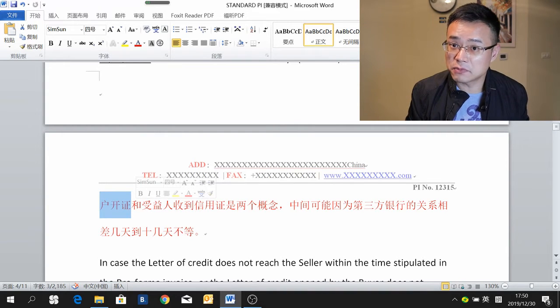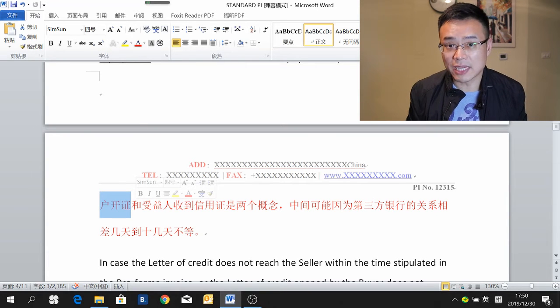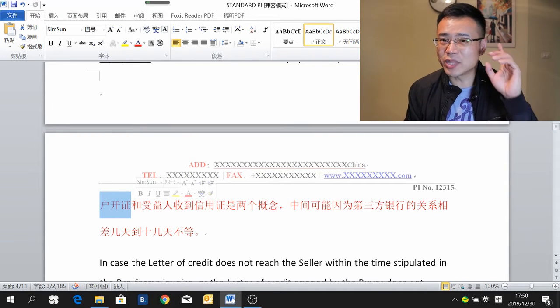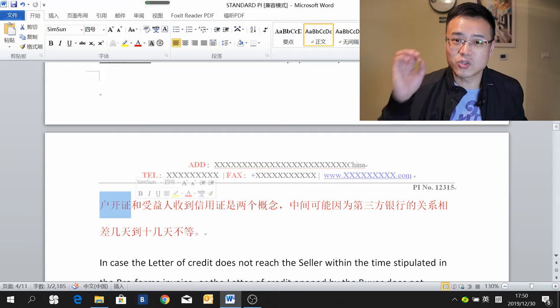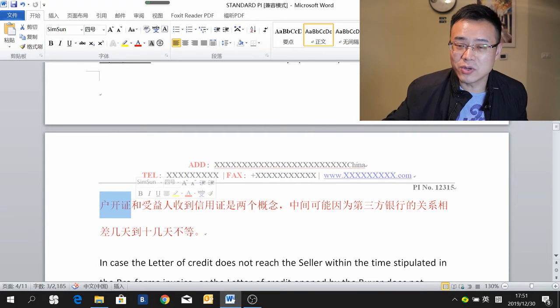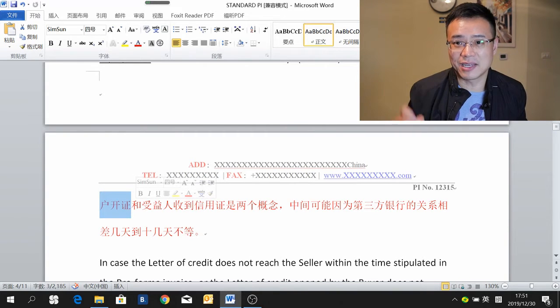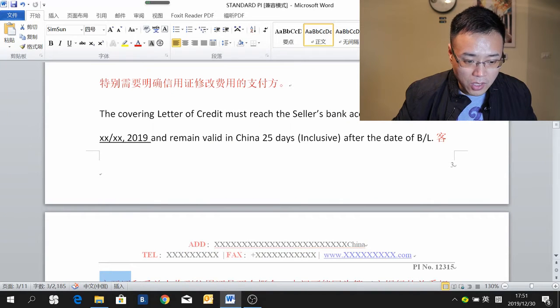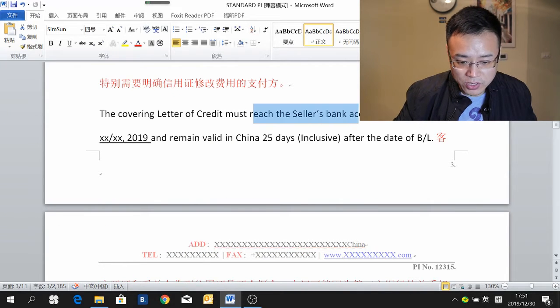Sometimes they also send original paper to your advising bank. That takes a lot of time. In the worst case, the applicant issued the LC and I waited 3 weeks for the LC to arrive at my bank account. So we have to mention the LC must reach the seller's bank account.